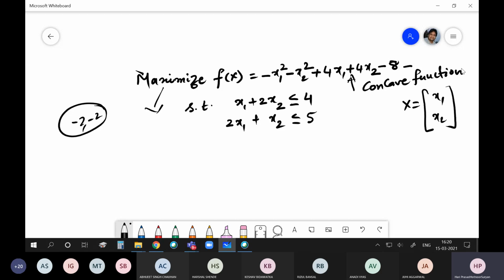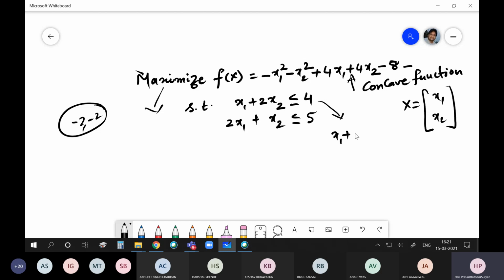It's a concave function. So then how do we convert this into an unconstrained minimization problem or a maximization problem? What will be the Lagrangian for this? So first we have to convert this into an equality constraint. So how can we do it? We bring this 4 to this side, that becomes less than or equal to 0.